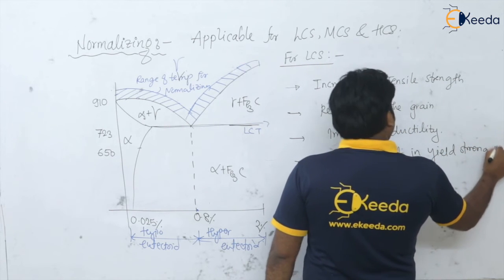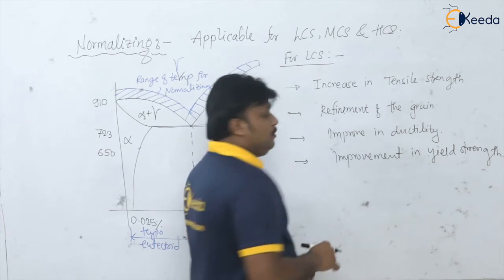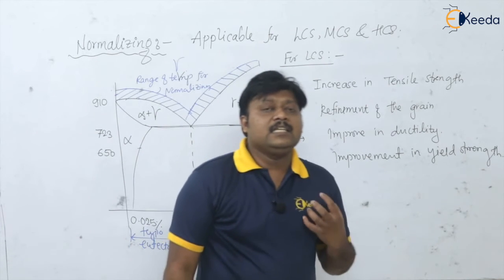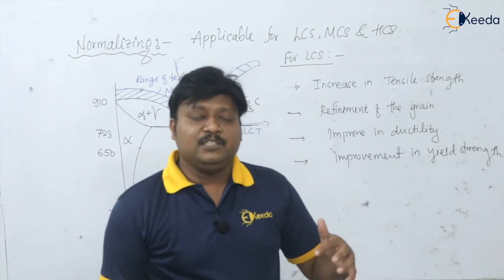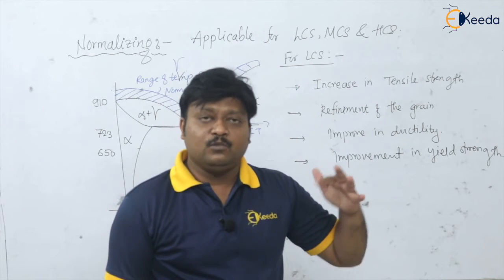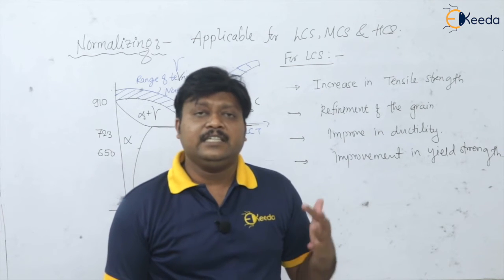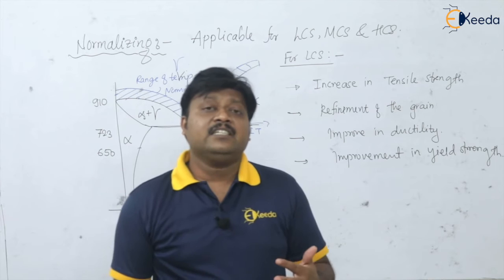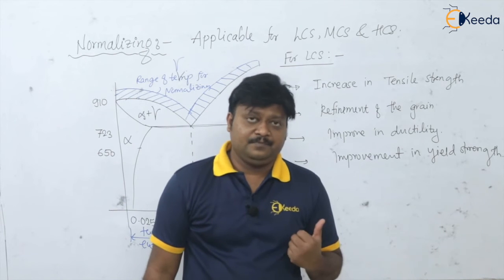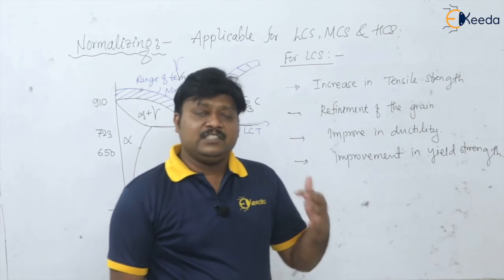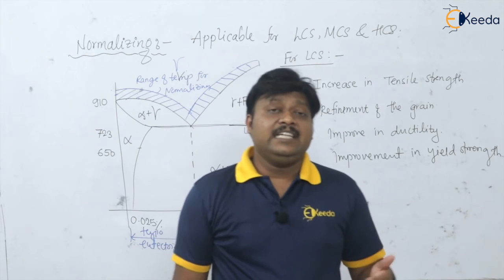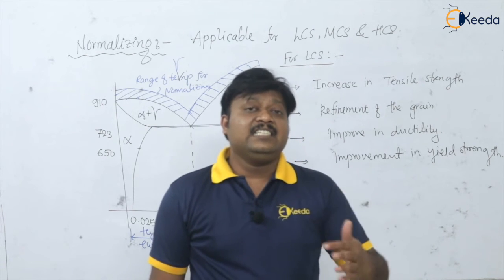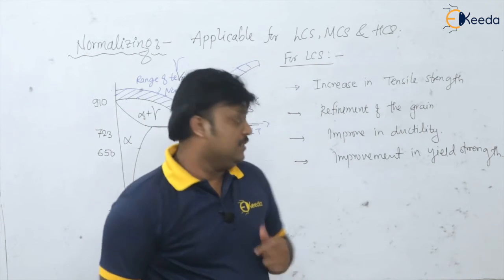Please remember this. When this steel specimen is cooled at this cooling rate of 50 to 80 degrees centigrade, the resultant structure is sorbite. Okay, and this sorbite gives the rise in tensile strength and yield strength. Please remember this.